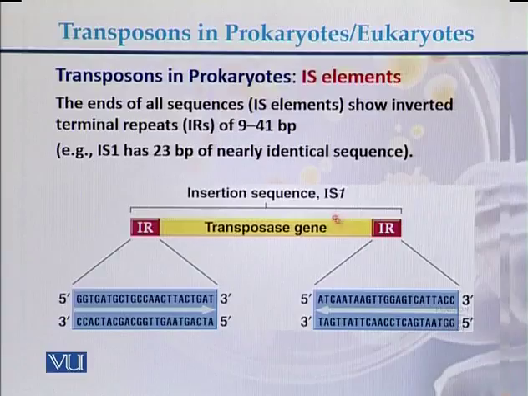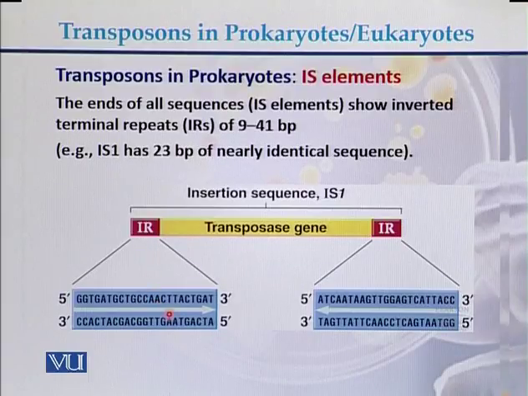What is an IS element and how does it look? The ends of all IS elements show inverted terminal repeats of 9 to 41 base pairs. For example, IS1 has 23 base pairs of inverted repeats. This is the diagram of an insertion sequence, where there is a transposase gene and on both sides there are inverted repeats.